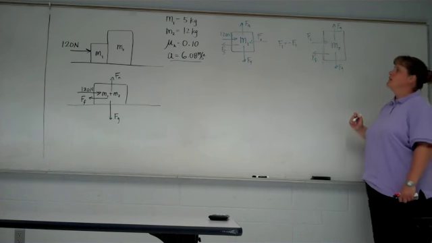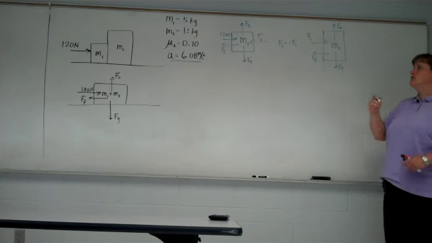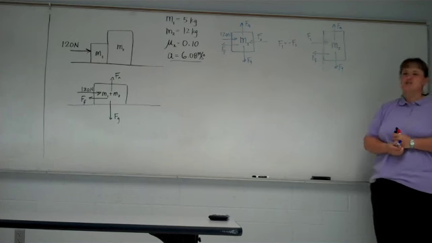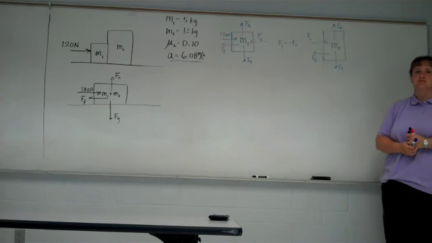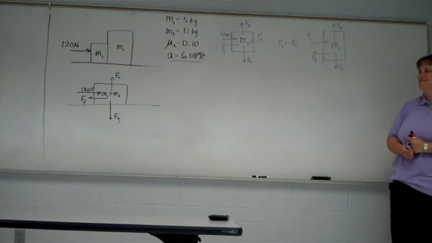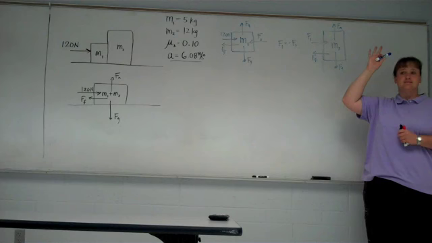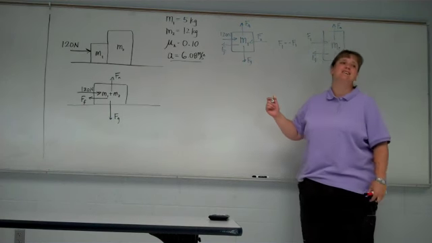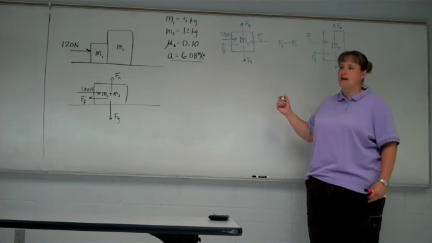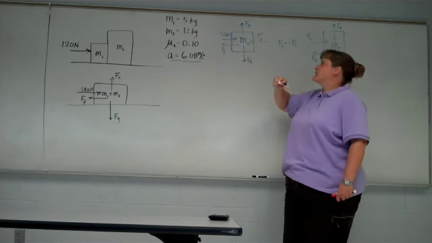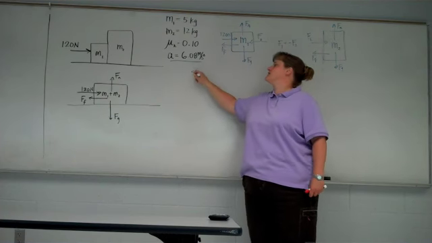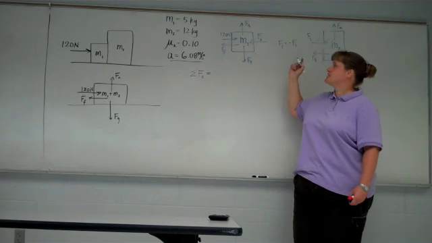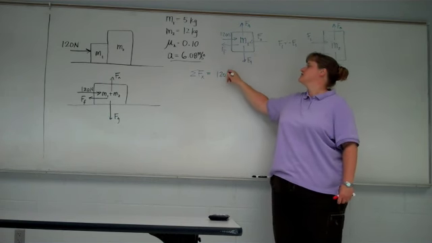Now we can go ahead and look at either box and look at the net forces on the boxes. Which one would you like to do? 1 or 2? One. More opinions for box 1. It doesn't matter. It's going to work out either way. So if we look at box 1, net force in the x direction: pushing to the right, we have 120 newtons.